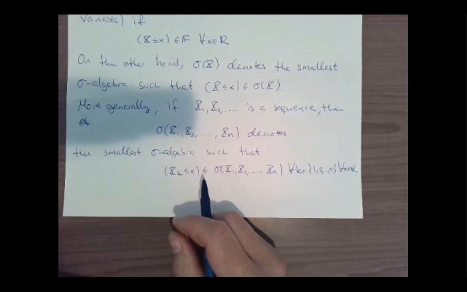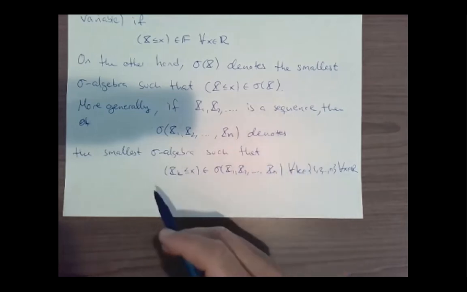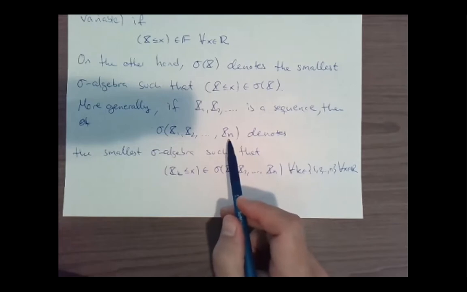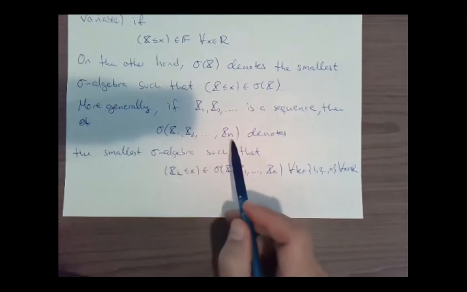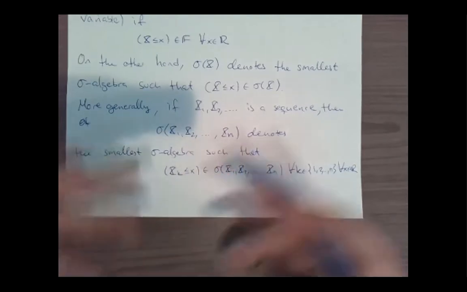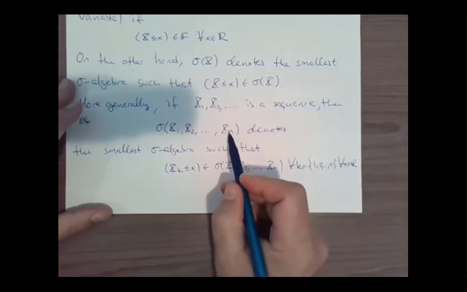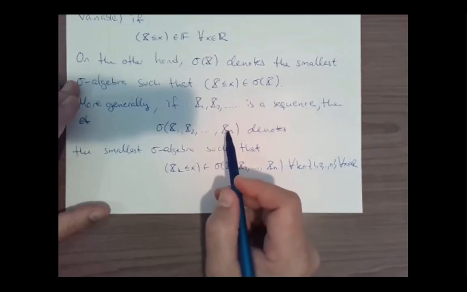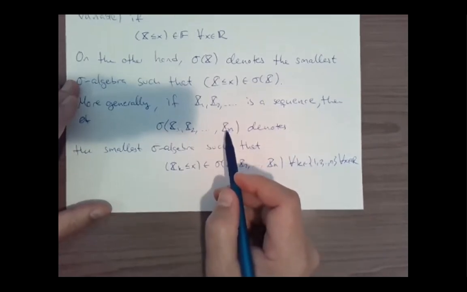And the way that we're going to store this information, keep track of it, is by using sigma algebras. Here we have a sigma algebra that is indexed by n, n being how much information you've seen. Such a collection of sigma algebras indexed by n is called a filtration.